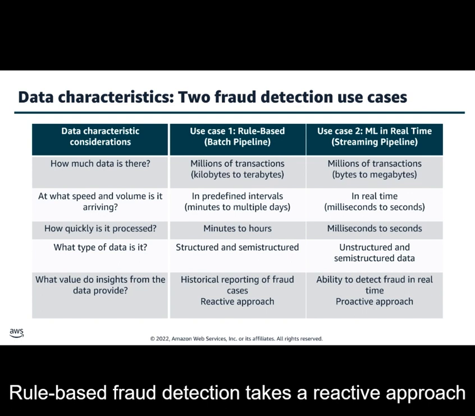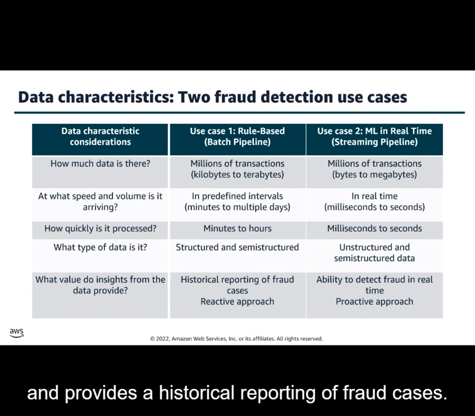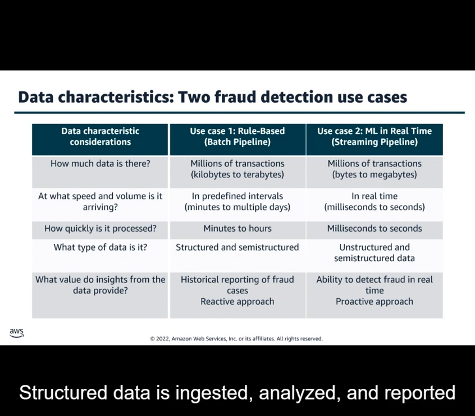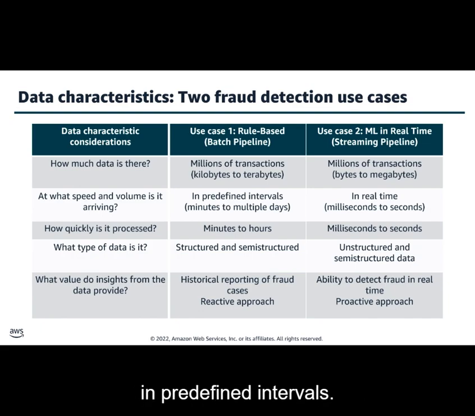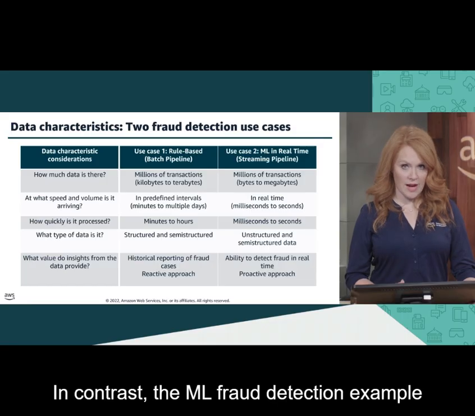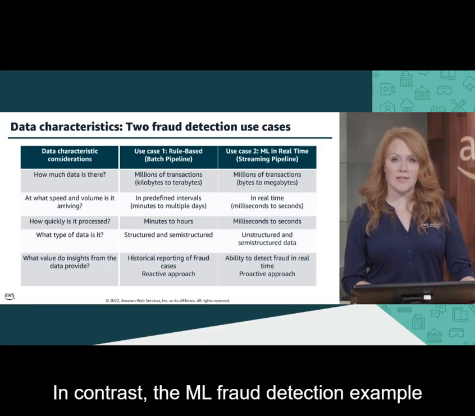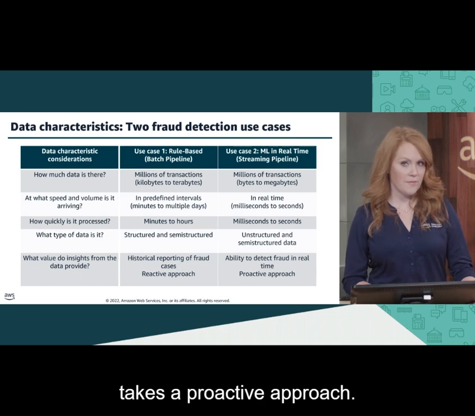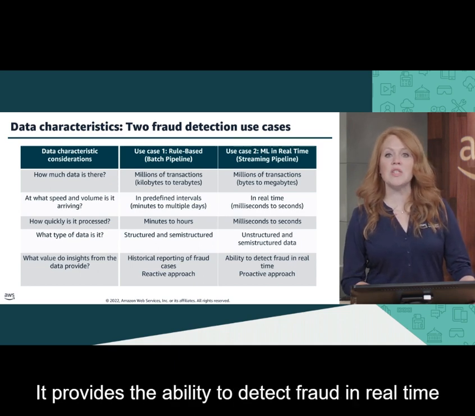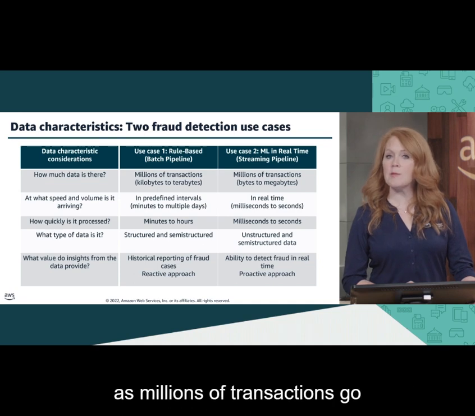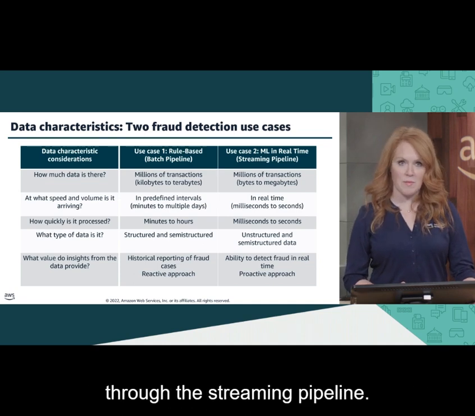Rule-based fraud detection takes a reactive approach and provides a historical reporting of fraud cases. Structured data is ingested, analyzed, and reported in predefined intervals. In contrast, the ML fraud detection example takes a proactive approach. It provides the ability to detect fraud in real time as millions of transactions go through the streaming pipeline.